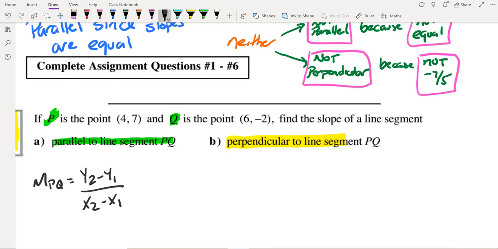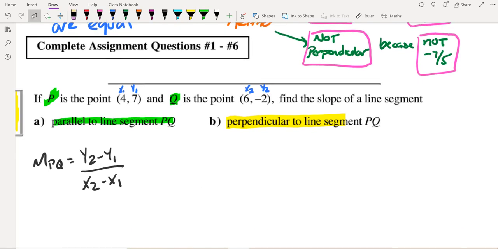Right? So we'll call this x1, y1, x2, y2. So let's figure out what is the slope of PQ. So we have -2 minus 7, divided by 6 minus 4.